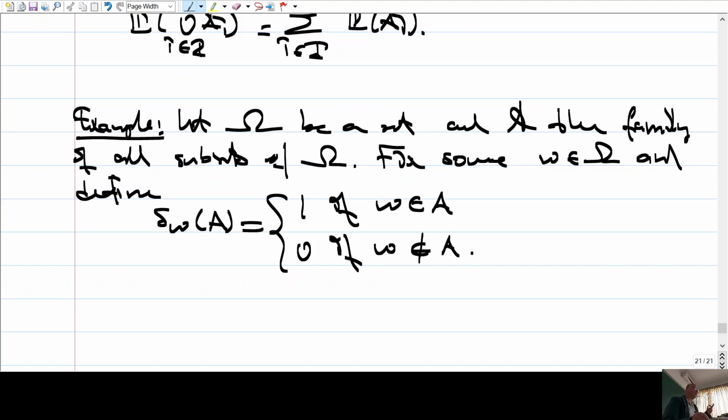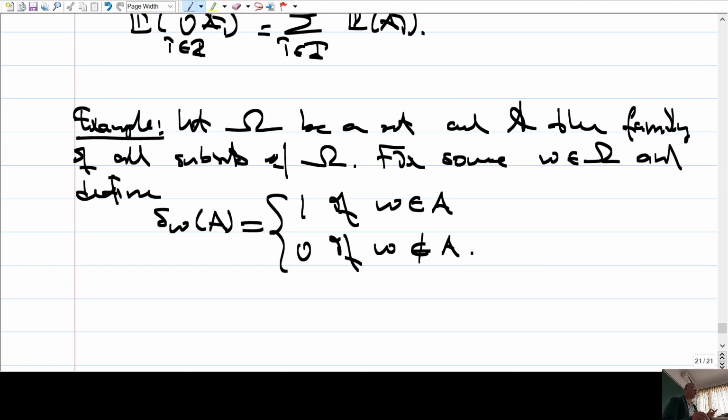If one of them contains omega, then the union will contain omega, and only one of those subsets will contain omega because they are pairwise disjoint. Therefore, the measure of the union will be 1, and the sum of the measures of the subsets will be 1 because one of them will be 1 and all the others will be 0. So if you add all these numbers, you will end up with 1.